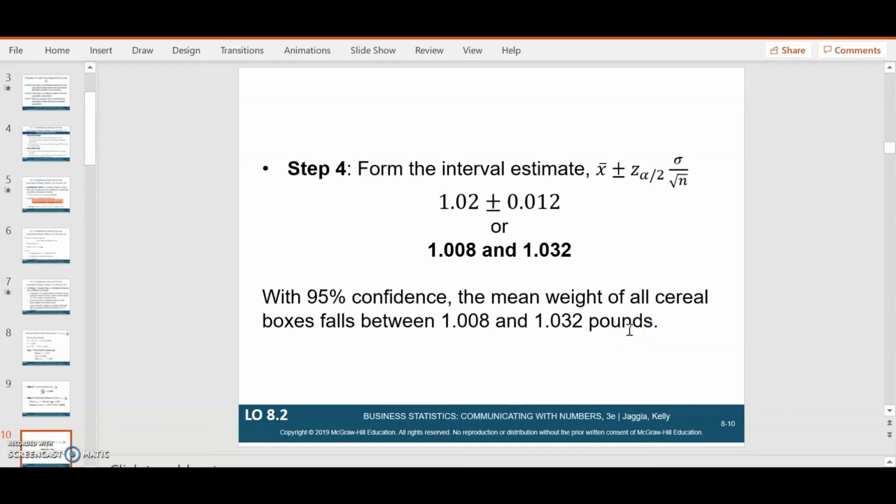We don't know the actual population mean for the cereal boxes, but we do know, based on 95% confidence, that the population mean lies between 1.008 and 1.032.